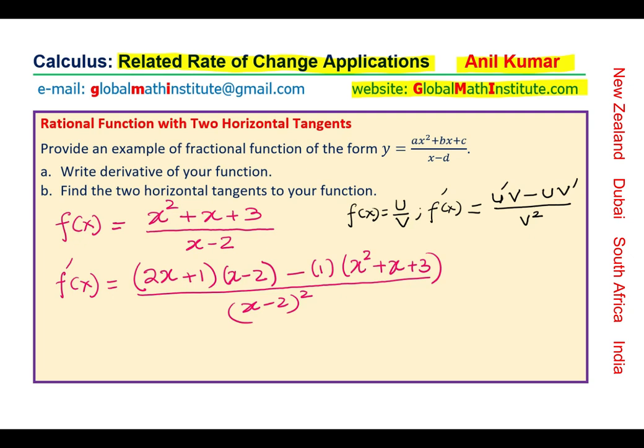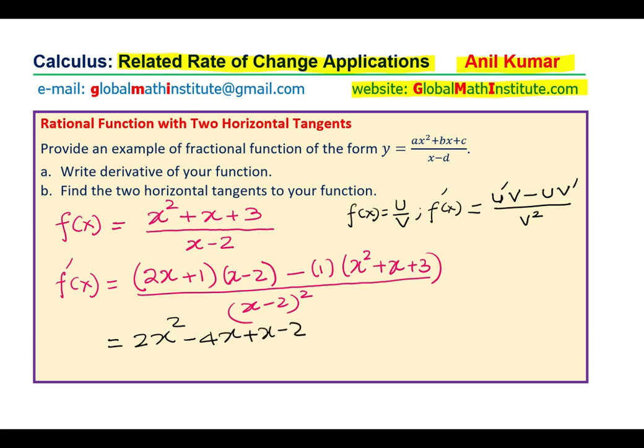Now, we can actually open and simplify this. What do we get? We get 2x square minus 4x plus x minus 2, and this is minus x square minus x minus 3 over x minus 2 whole square, which is equal to 2x square minus x square is x square, minus 4x plus x is minus 3x.